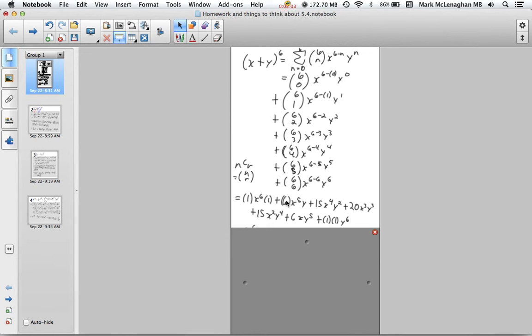We have 6 choose 1, which is 6, x to the 5, y. 6 choose 2, which is 15, x to the 4, y squared. 6 choose 3, x cubed, y cubed, and then we get 6 choose 4, x squared, y to the 4th, 6 choose 5, x, y to the 5th, and then 6 choose 6, x to the 0, and y to the 6th. You can simplify that a little bit more, and we get that, which is the final answer.